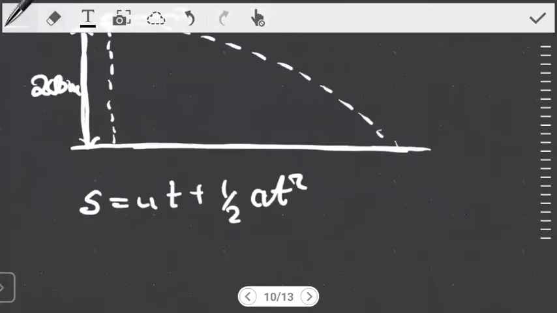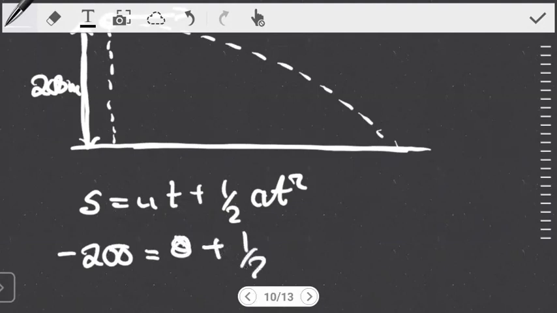With this, the displacement is negative. That's negative 200, is it? Let me just verify that. Yes, it is, negative 200. The initial velocity in the y-axis is 0. So when you multiply 0 times t, we get 0 here, plus half the acceleration due to gravity, that's negative 9.8, times t squared, since time is what we're looking for.